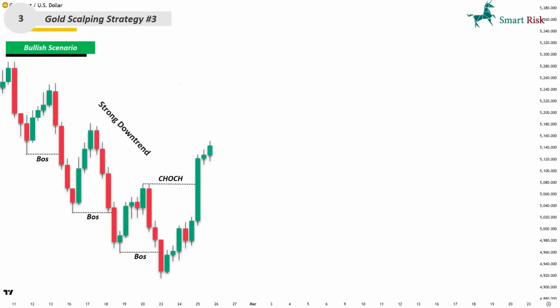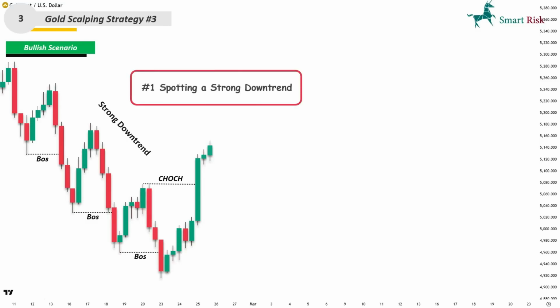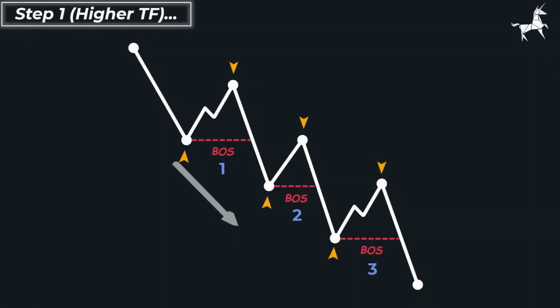The very first step is to analyze the higher time frame market structure and determine whether the price is currently in a strong uptrend or a strong downtrend. So, in a bullish scenario, the first thing you want to identify is a strong downtrend. To confirm a strong downtrend, price should form at least 3 consecutive bearish breaks of structure.